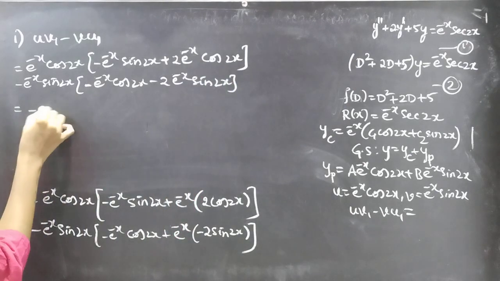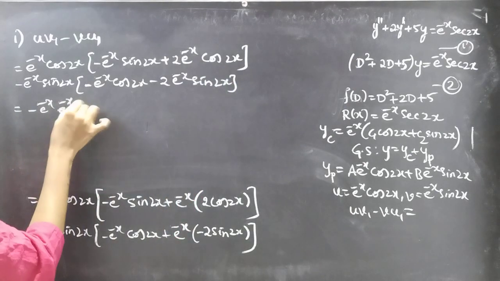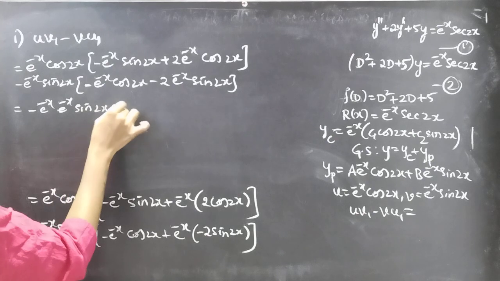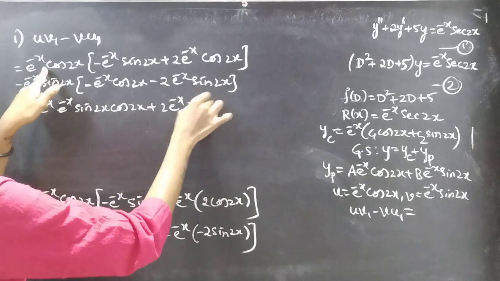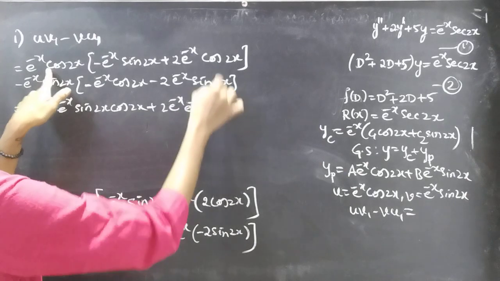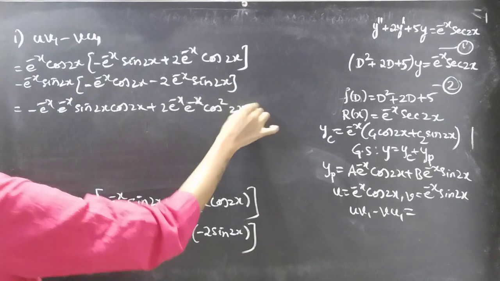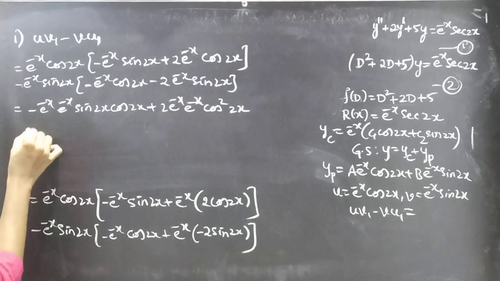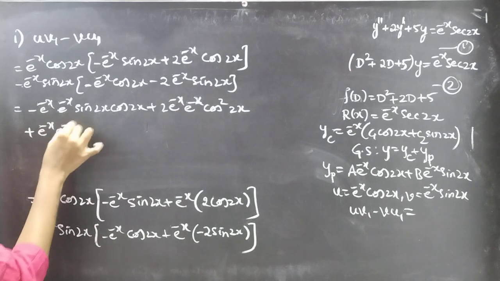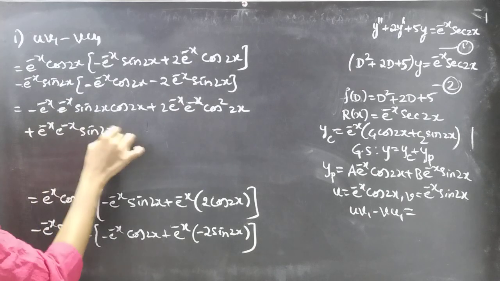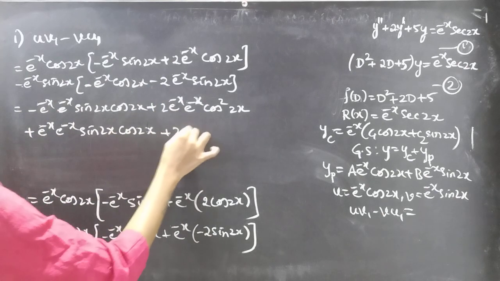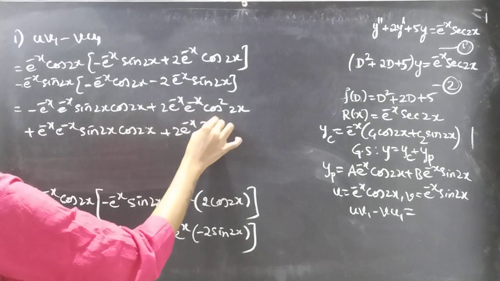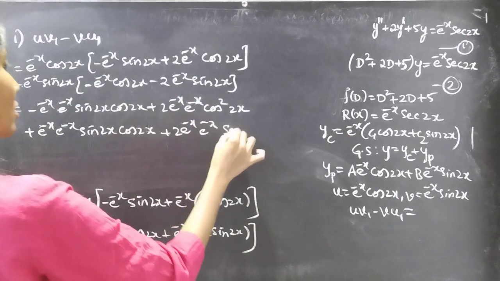Which gives us minus e power minus x sin 2x cos 2x plus 2 e power minus x cos 2x into cos 2x is cos square 2x, minus into minus plus e power minus x sin 2x cos 2x, minus into minus plus 2 e power minus x sin 2x into sin 2x is sin square 2x.